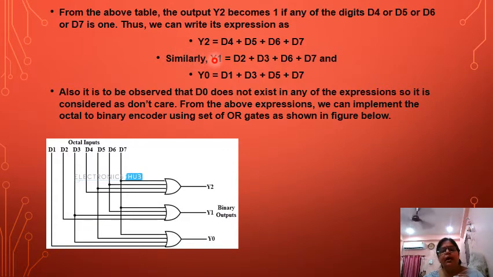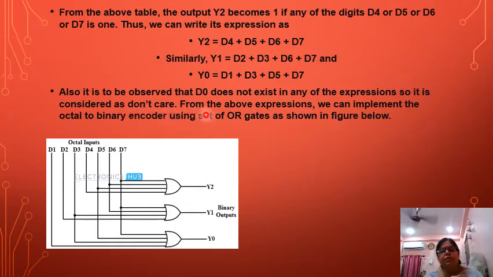Similarly, y1 = d2 + d3 + d6 + d7, and y0 = d1 + d3 + d5 + d7. Go through the truth table very thoroughly, then you will get it. Also it is observed that d0 does not exist in any of the expressions, so it is considered as don't care because all the values in this are 0.